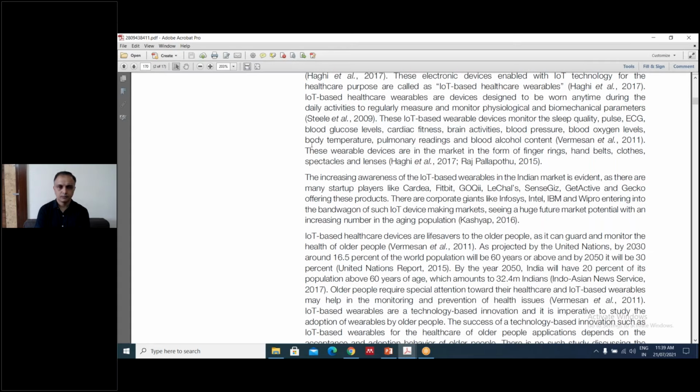IoT-based wearables, for those who know, typically have a lot more advantages. And I am not targeting the young adults or the teenagers. I am talking about elderly people, because elderly people are the most vulnerable section of the population. Most of them, number one, have some chronic ailments which come with age. When I talk about elderly people, they are all in the senior citizen category.